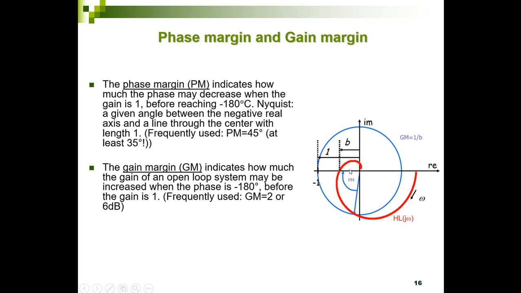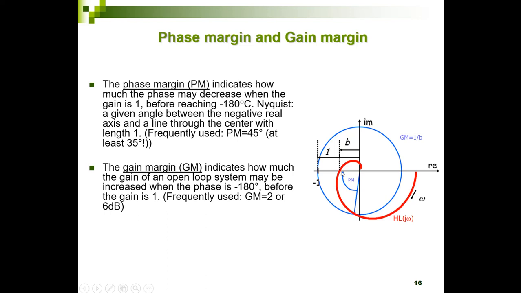And you see that, in practice, this is a gain of about 0.5. So in this case, my gain may be amplified with a factor of 2, 1 over 0.5, before we get unstable. So in this example, my gain margin is 2.